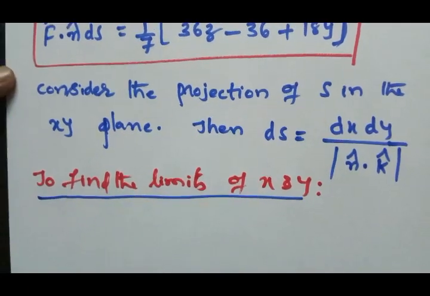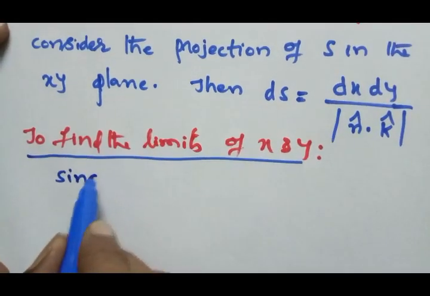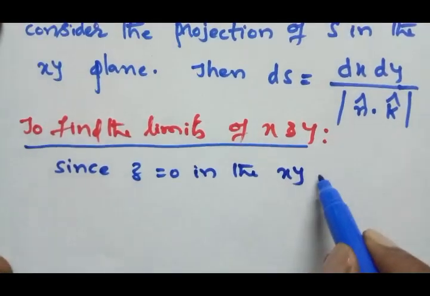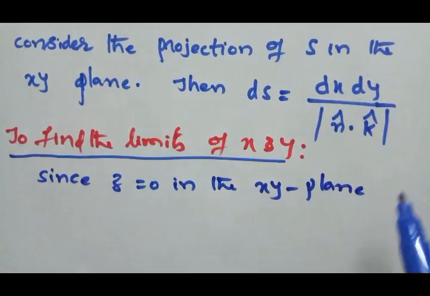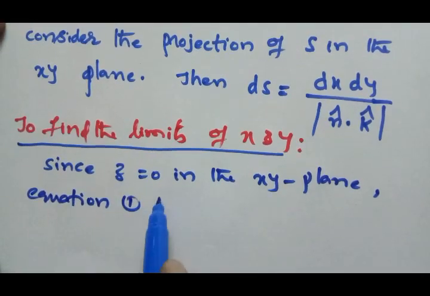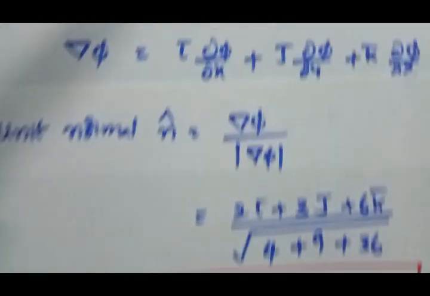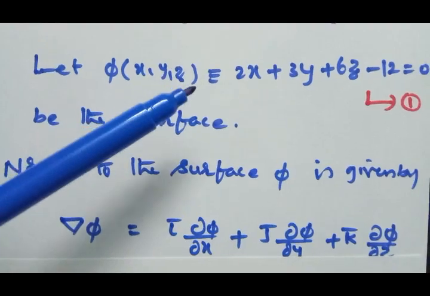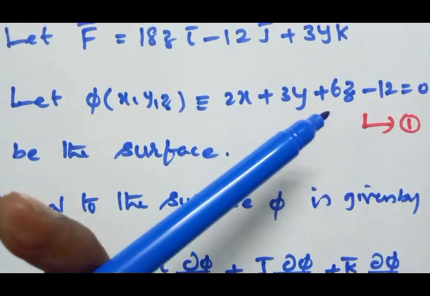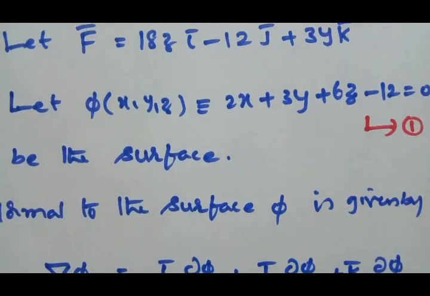Now our projection lies in the xy plane, so since z is equal to 0 in the xy plane, equation 1, that means the surface, becomes 2x plus 3y minus 12 is equal to 0. That means 2x plus 3y is equal to 12, as z is equal to 0 in the xy plane.